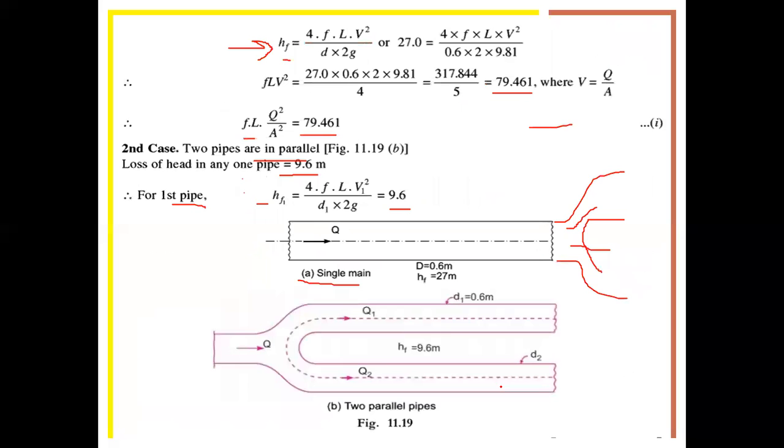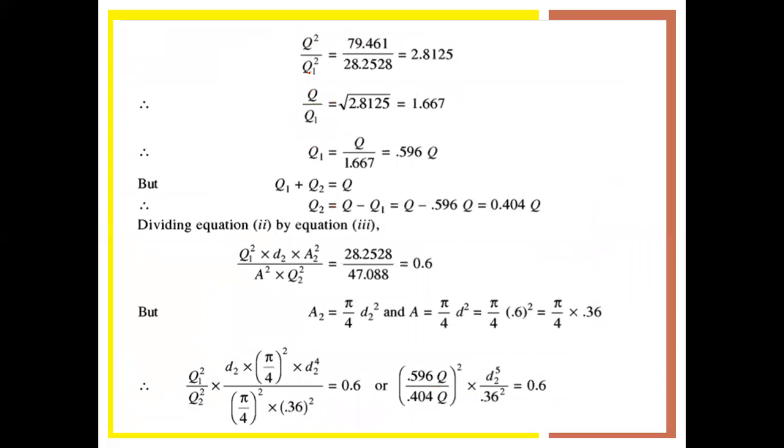Now dividing equation 1 by equation 2, substitute equation 2 in this equation. What you are getting? Q2 by Q1 square is equal to 79.4 divided by 28.25, that is equal to this value.